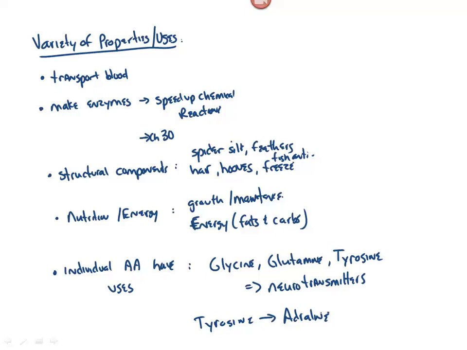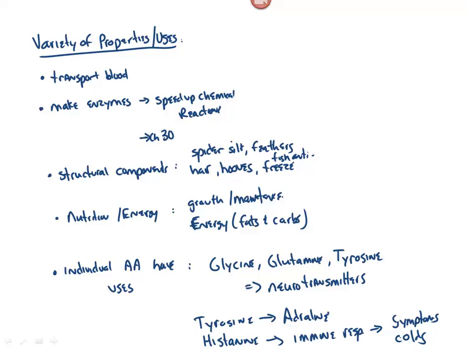And for instance, you guys are probably familiar with histamine. What's histamine the precursor for a lot of? It's part of your immune response, and so it's responsible for the symptoms associated with colds and things like that, and inflammation. So a lot of the individual amino acids have very specific uses.